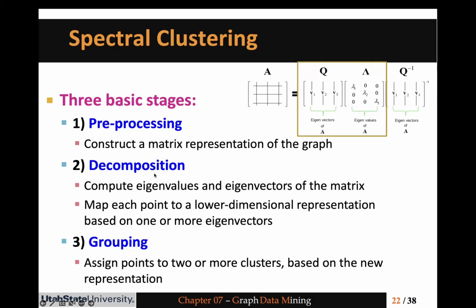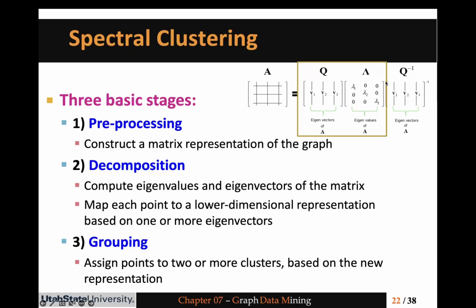The matrix decomposition, which essentially computes the eigenvalues and the eigenvectors matrices using some SVD methods, singular value decomposition, or decomposition methods, which is the exact method that we use for PCA. And finally, the grouping. If you have your eigenvectors and your eigenvalue matrices here that you could see on the top corner of my slide, then you're pretty much done.